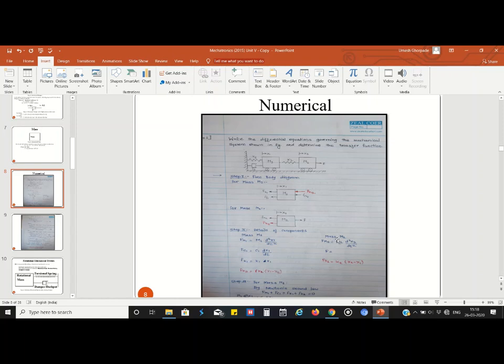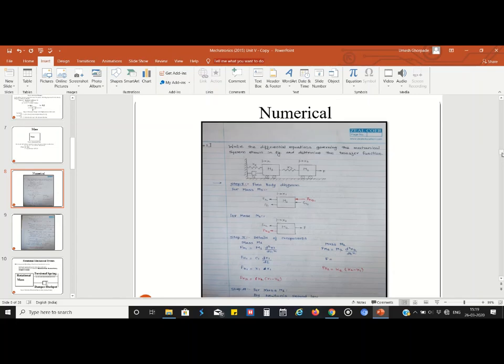Similarly for mass m2, Fm2 is equal to m2 d square x2 upon dt square, and Fk2 is equal to, now this special case, k2 for the mass m2, it is x2 minus x1. Okay, now next one is step 3 for mass m1 by Newton's second law.